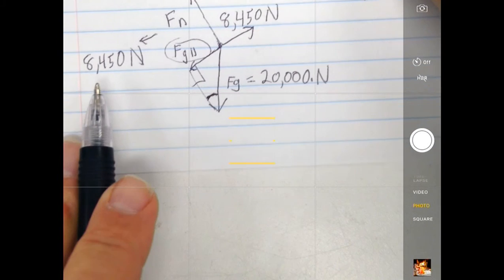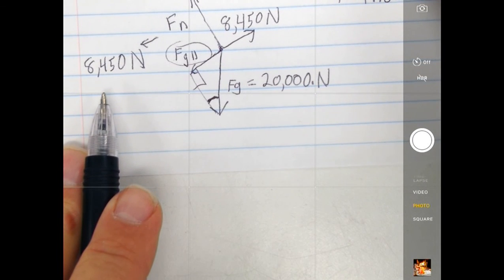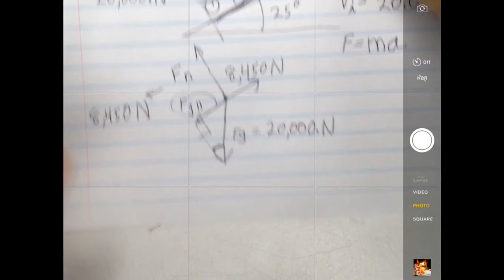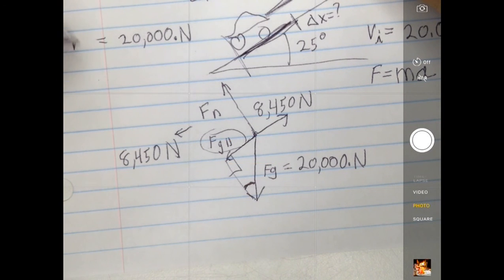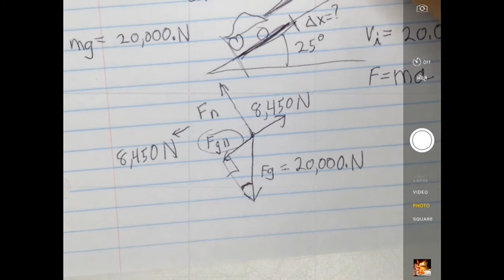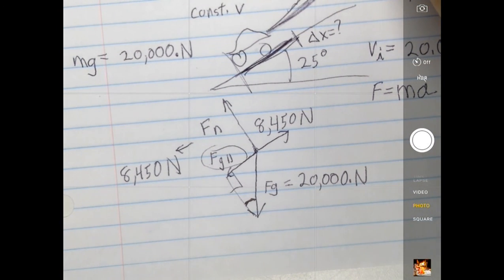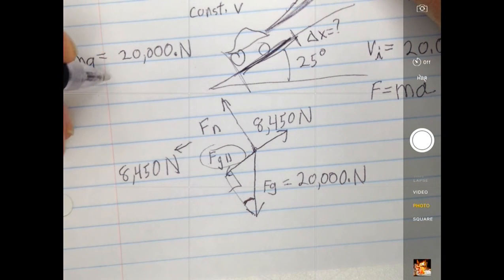The F would be the component of the weight parallel to the incline. The m would be 20,000 newtons divided by g. I get 2,041 kilograms.